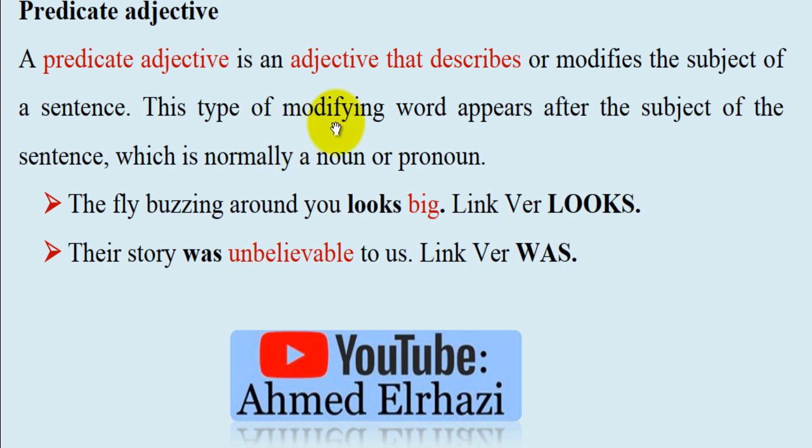This type of modifying word, predicate adjective, comes after the subject of the sentence, which is normally a noun or pronoun. Examples: the fly buzzing around you looks big. The linking verb is looks and the adjective is big. Their story was unbelievable to us. The linking verb is was.